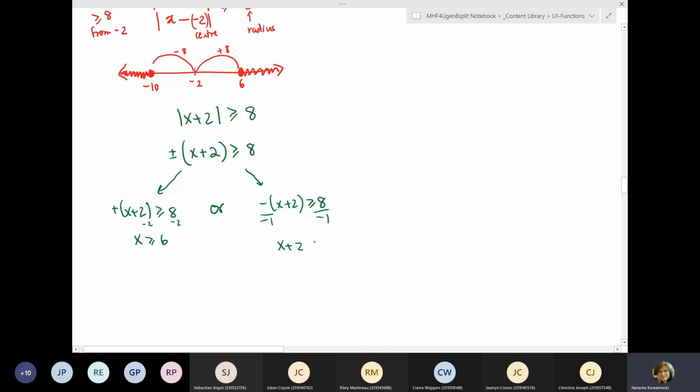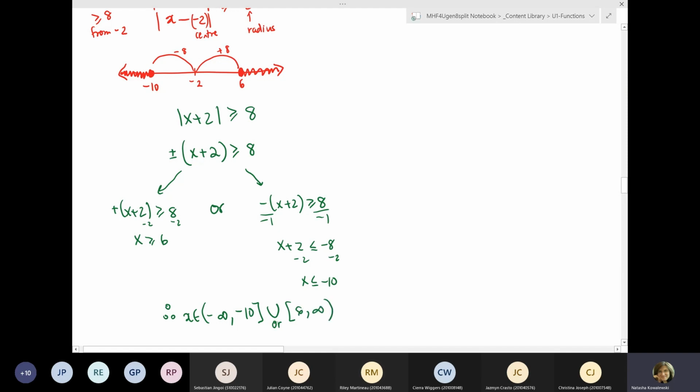That means I just need to flip that sign to be -8, then -2 from both sides, and I would get x is less than or equal to -10, which is exactly what I have over here. And the or does make it so. So your final solution, because you have to do it in interval notation, you would say x element of -infinity to -10, closed bracket, union, because union is an or, from 6 onto infinity.